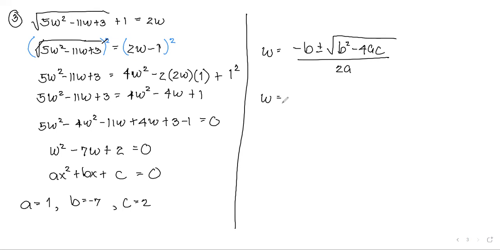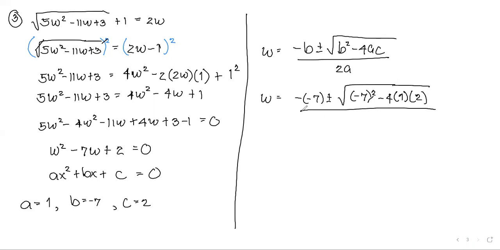Derive ng formula given this one, ax squared plus bx plus c. Ayan, dali lang siya. So siguro gawan ko na lang din yun ng video. Ayan, so negative b, negative times negative 7 plus minus the square root of negative 7 squared minus 4ac, a natin ay 1, c natin ay 2, over 2a, 2 times 1.